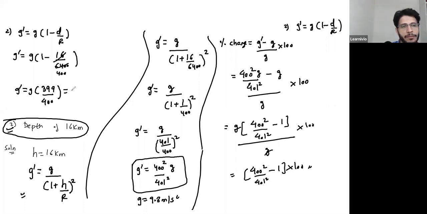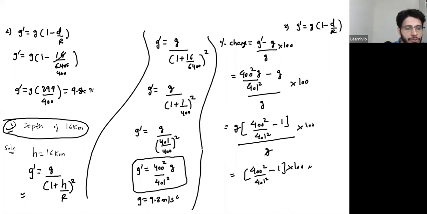So 399 by 400, I'm using my calculator. 399 divided by 400, that's 0.9975 into 9.8. Yeah, it's 9.77.